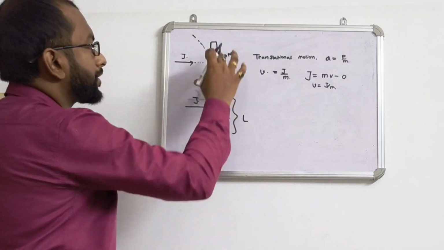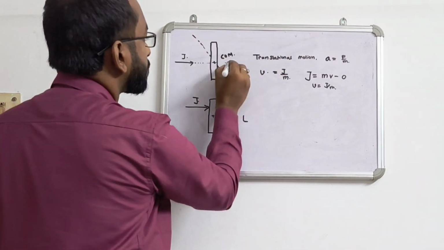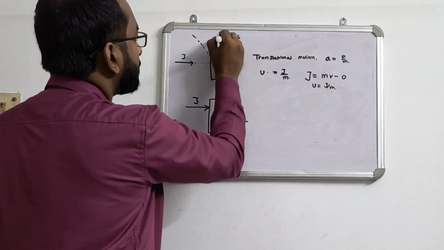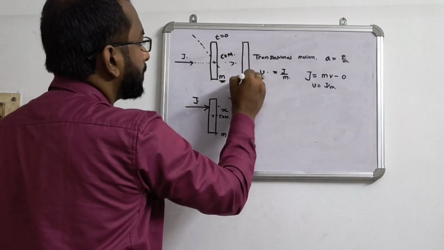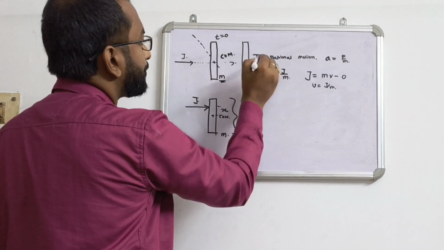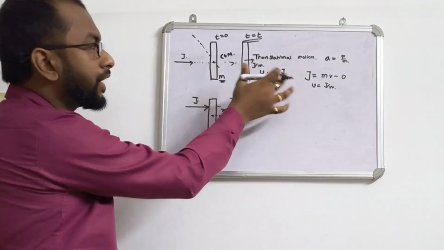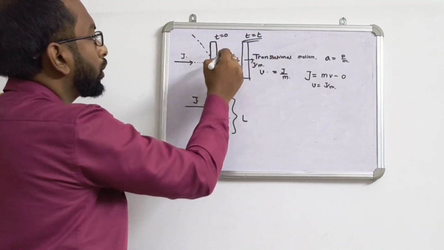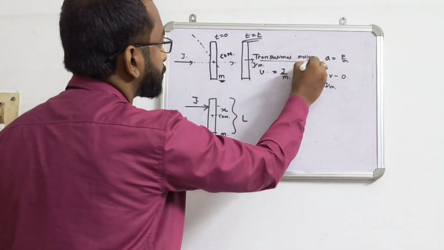In the first case, the body will move in the direction of the impulse. After some point of time, if this is at t equal to 0, this will have the velocity of j by m, and at time t, it will maintain the same orientation. So that means it will not rotate with respect to its center of mass. So this is a completely translational motion.